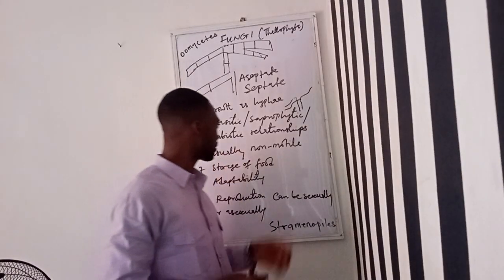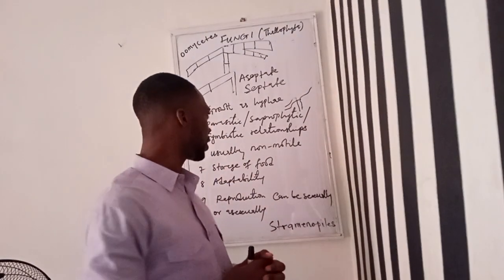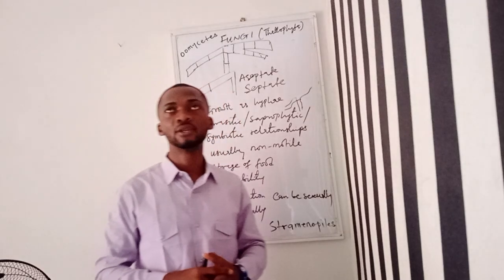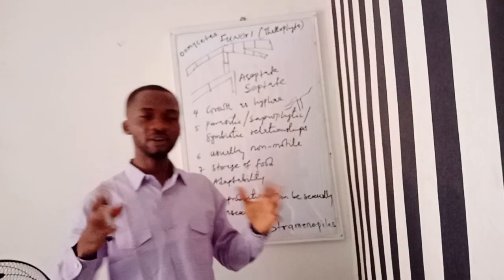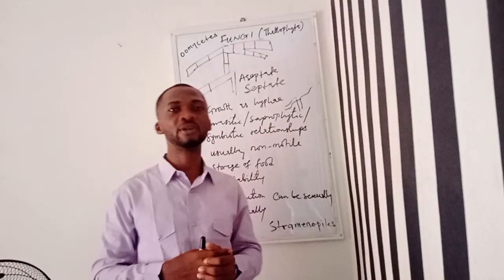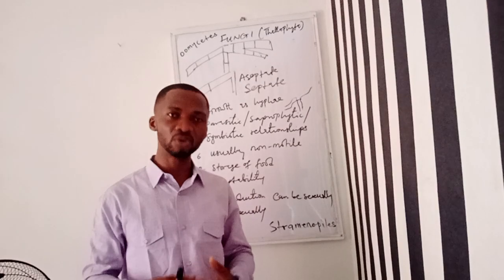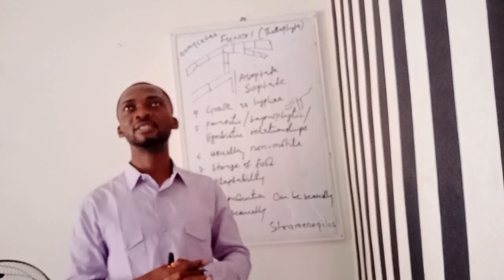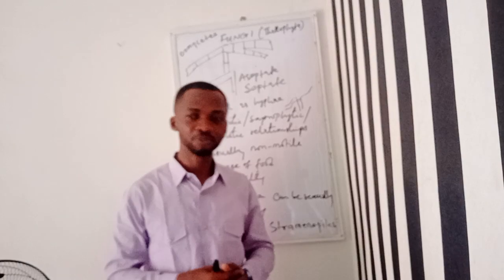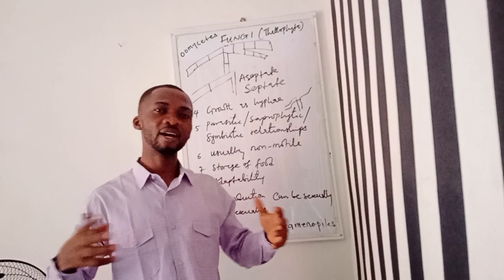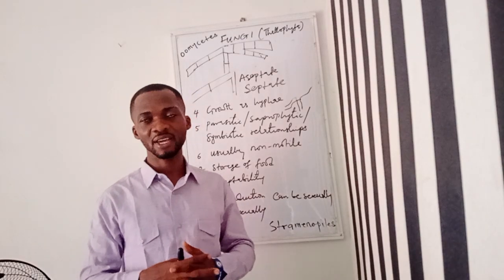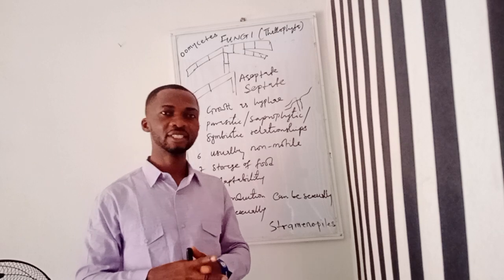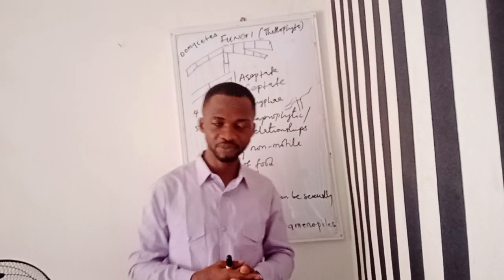Then another one is that they are usually non-motile. In general, fungi are usually referred to as non-motile organisms. When we say non-motile, that means they don't move, they don't have the cellular machinery that enables movement.